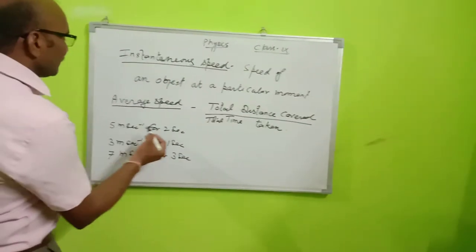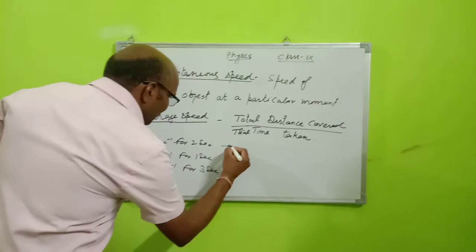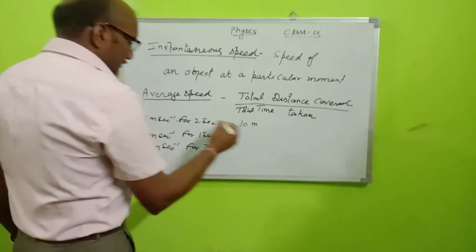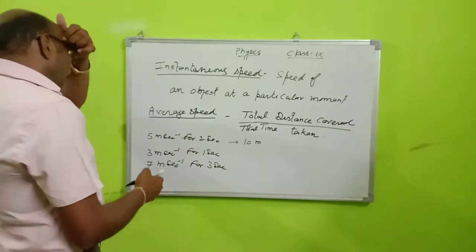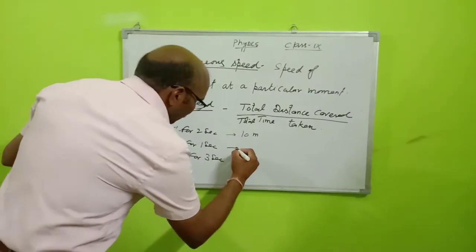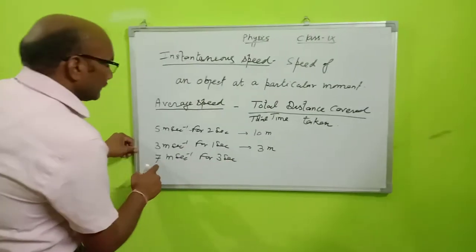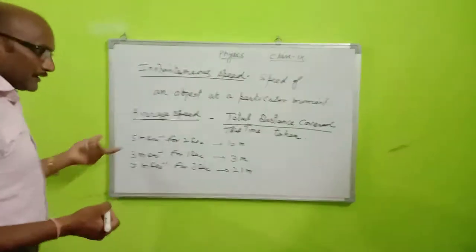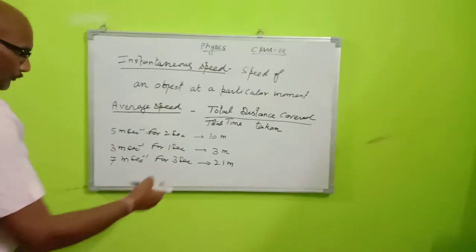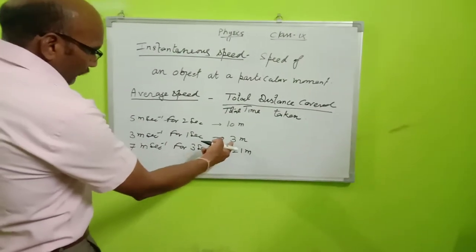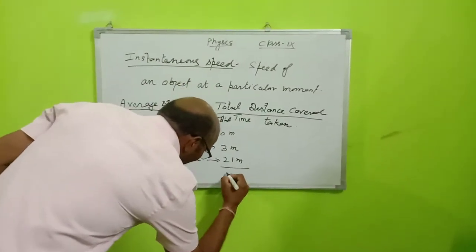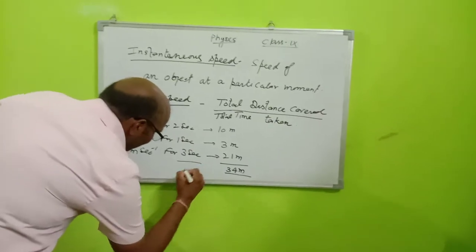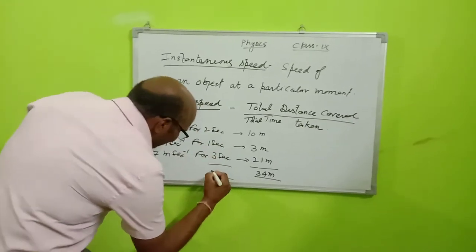So, 5 meters per second for 2 seconds, distance is 5 into 2, 10 meter. I am calculating distance. 3 into 1, 3 meter. And 7 into 3, this is 21 meter. I have taken this simple example. The total of 21, 3, 24 and 10, 34. Total distance is 34 meter, and total time is 2 and 3 and 1, 6 seconds.